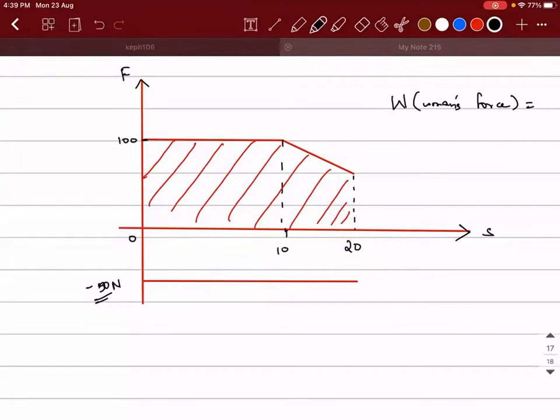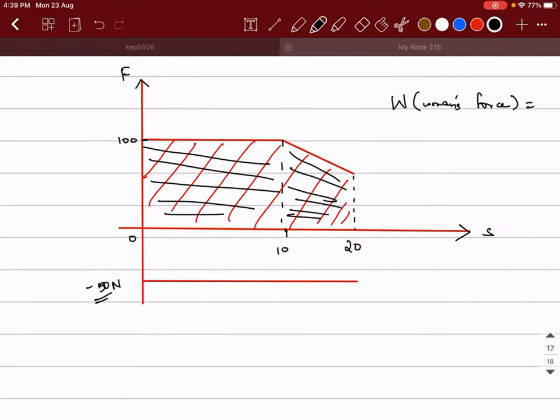This is 100, so it is the area of this rectangle plus the area of this trapezium.